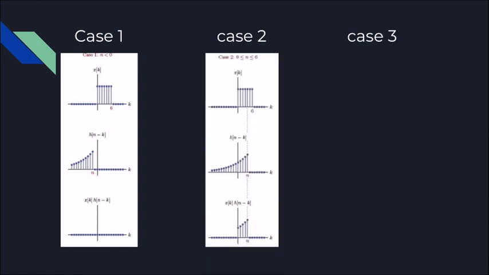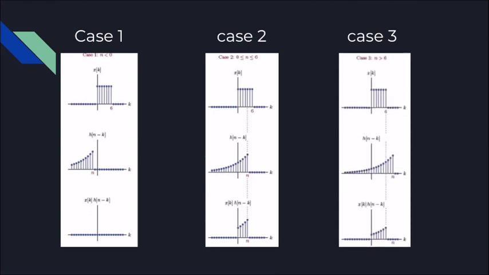We have the same for case number two, when n is greater than or equal to 0 and less than or equal to 6, and for case number three, where n is greater than 6. We're going to have the following graphs, and you can see how they are somewhat similar to each other in terms of graph continuity and shape.